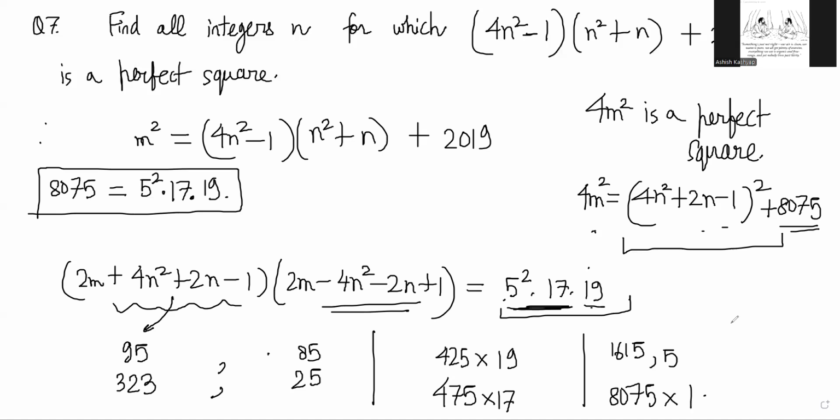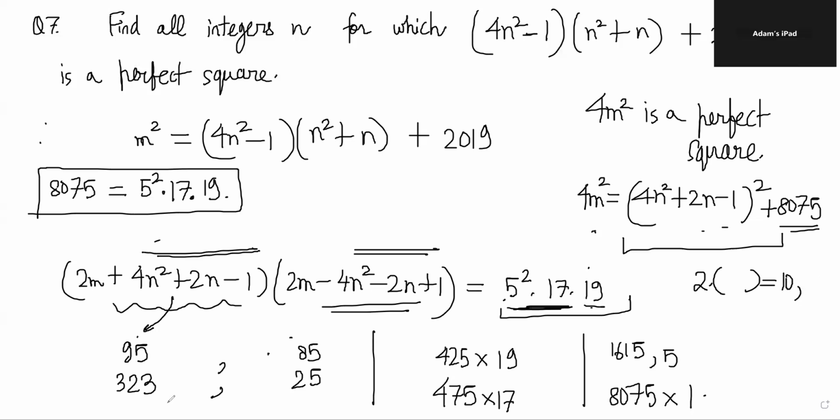So if these 6 options are there, from here, what can we figure out about 4n square plus 2n minus 1? Because it is like 2m plus this expression and 2m minus this expression, right? So you can find that expression by subtracting. So twice of this expression should be equal to subtracting 95 minus 85, right?